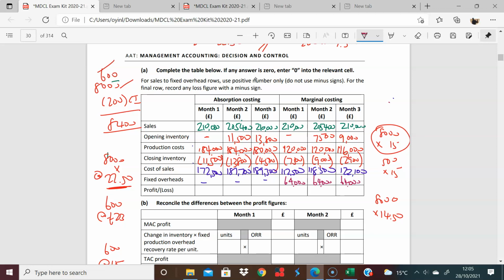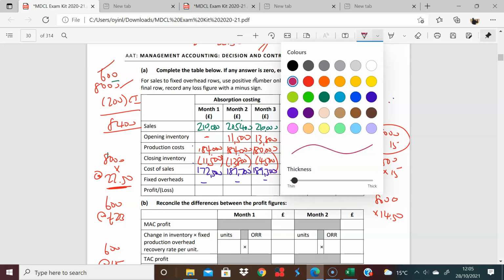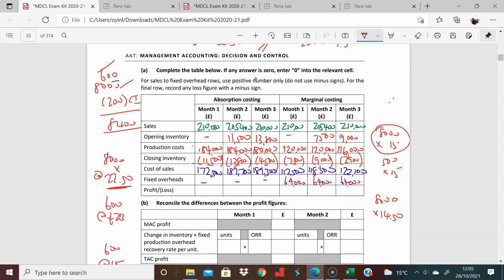So now my profit, of course, will be the difference, and let's just look at those. So my profit will be sales minus cost of sales, right? So 210,000 minus 172,500 is 37,500. 205,400 minus 181,700 is 23,700.